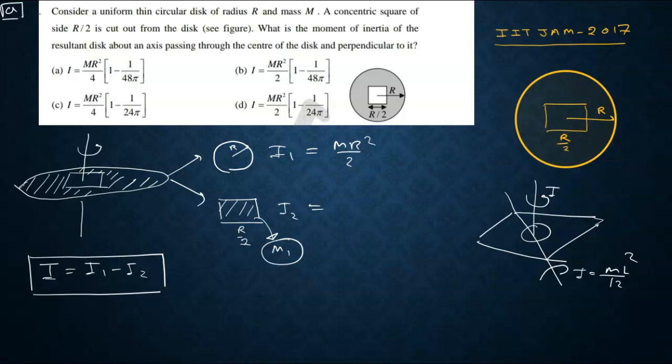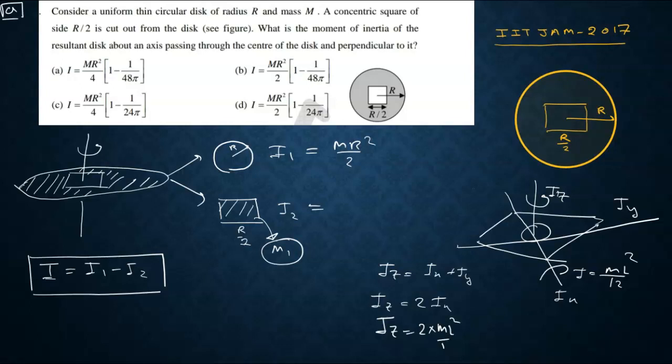So let's say this is Iz and this is Ix. So we can say that Iz equals to Ix plus Iy. Let's say another diagonal, this is Iy. This is also m l square by 12. So Ix equals to Iy. So we can say Iz equals to 2 into Ix. So Iz equals to 2 into m l square by 12 equals to m l square by 6.